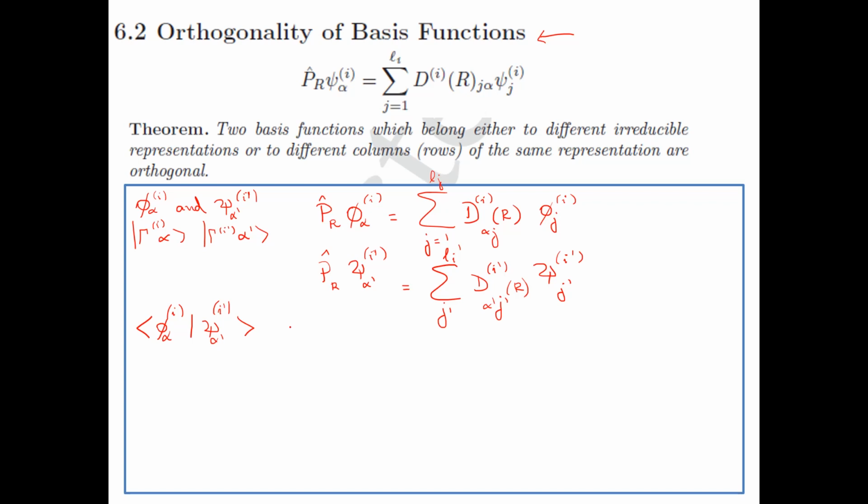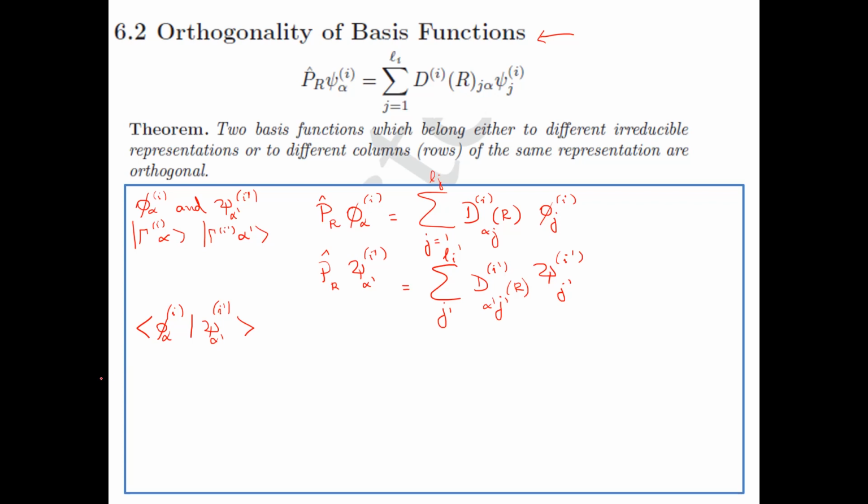And a number is invariant. It doesn't depend on a particular coordinate system that I use. So if I apply any symmetry operation to phi or to psi and calculate this number again, this should be exactly the same number. It should not change. It should be invariant, right?